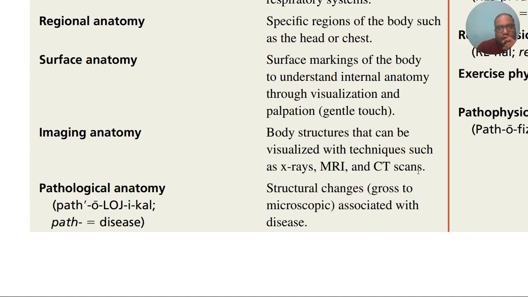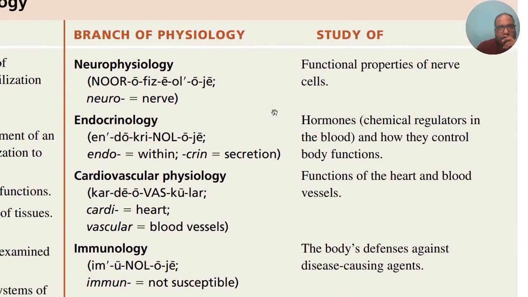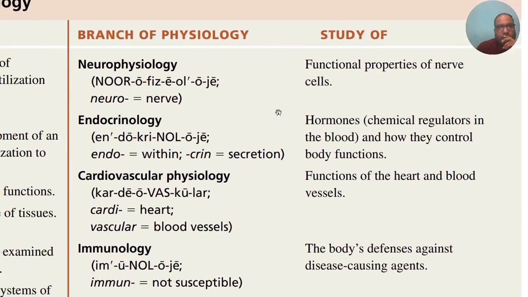The next is pathological anatomy, the structural changes, gross to microscopic, associated with disease. Pathology means diseases, and the anatomical study of certain diseases in a particular organ or the whole body is done in pathology.